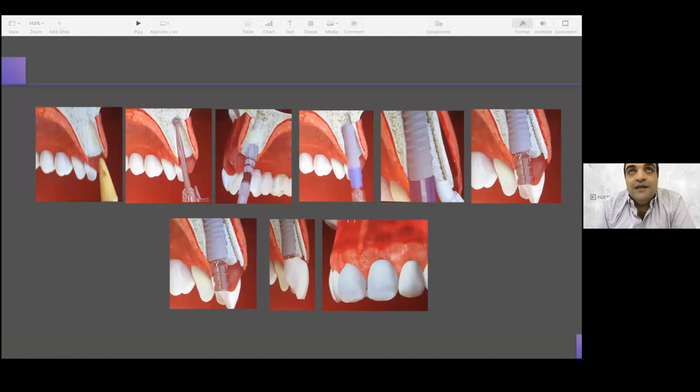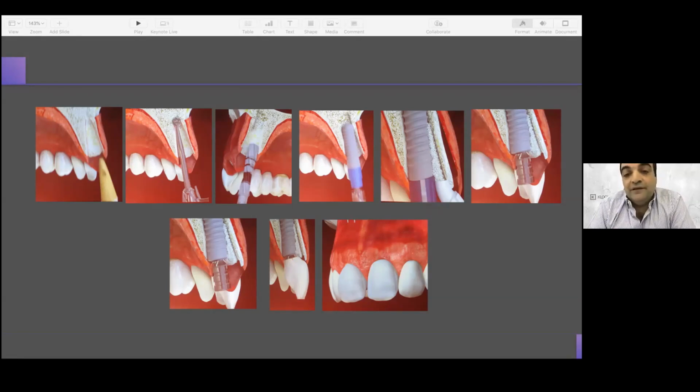We have to make sure, because for the surgeon who tried this technique before, there is a risk that our implant will shift buccally, because it has the tendency to go towards the least resistant part of the socket, and that is the buccal part because there is no bone.